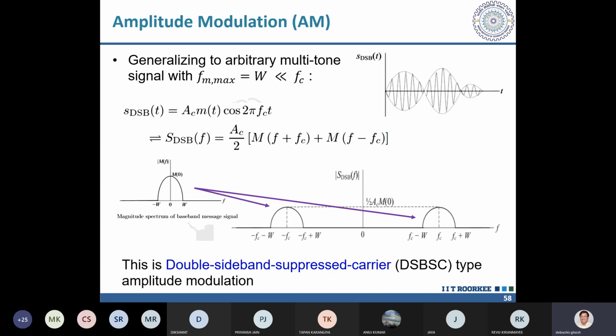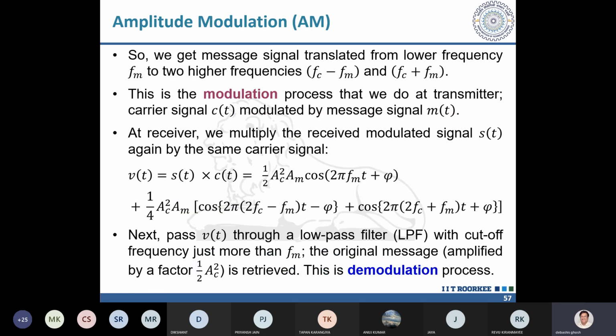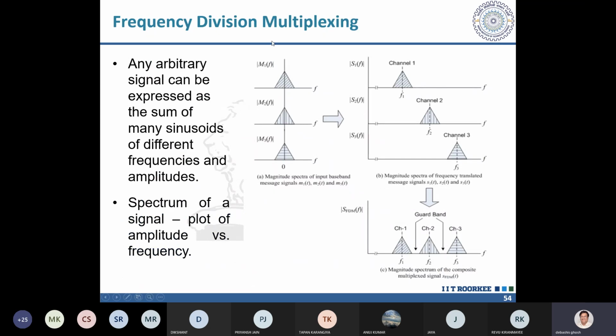Every frequency will get translated to FC minus FM and FC plus FM. So accordingly, you can see in the diagram I have shown here, this is my original message signal spectrum. Last class I mentioned what a spectrum is, and today also I have already shown you the picture of a spectrum.